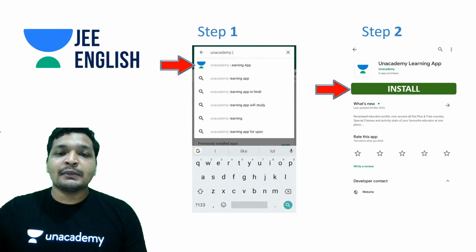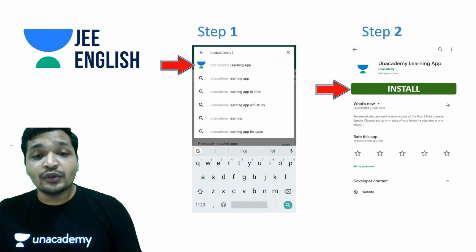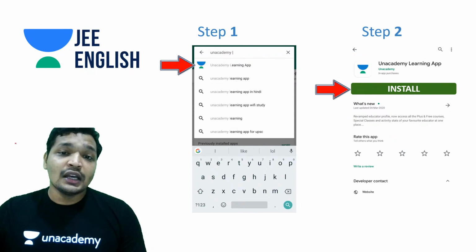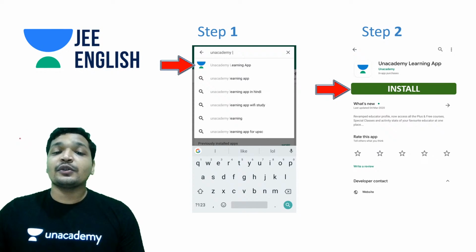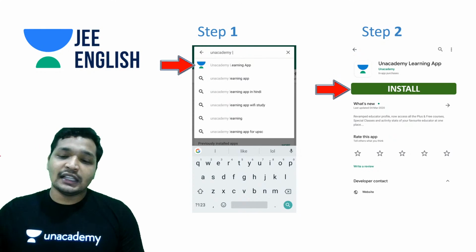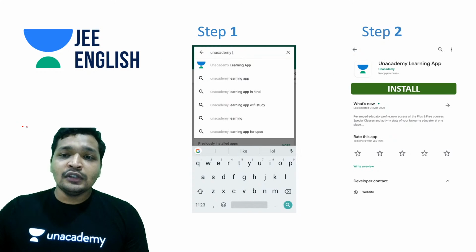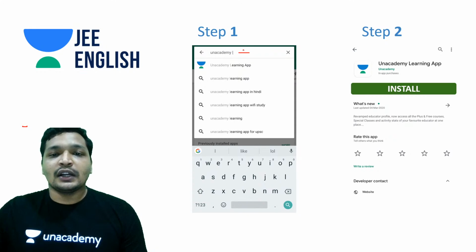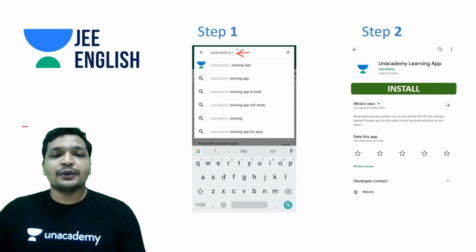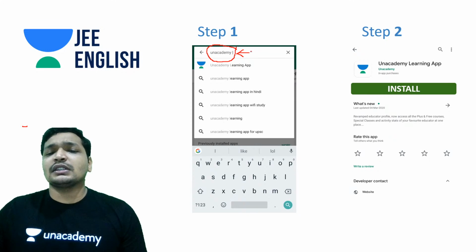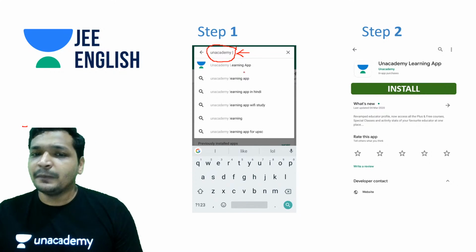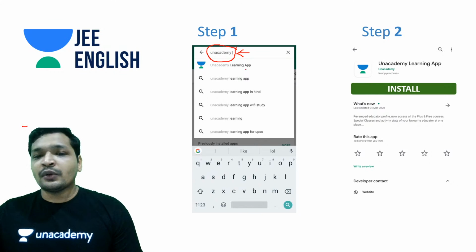You need to download the Unacademy learning app. If you don't have one, do download it to attend the quiz. And don't forget to stay on the lecture after the quiz, because it's going to be a super interesting lecture as well. Make sure you attend the complete lecture. It's very important guys, because these concepts are basics, but the basics are what is required to really solve the problem. So first of all, to attend the quiz, you need to download the Unacademy learning app.